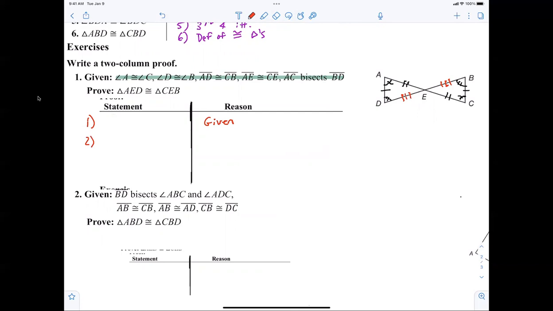You say angle AED is congruent to what angle? BEC. Yes. Now we come over here, we mark 1, 2, 3. 1, 2, 3. And that was a vertical angle theorem. Or you could say that's the third angle theorem.